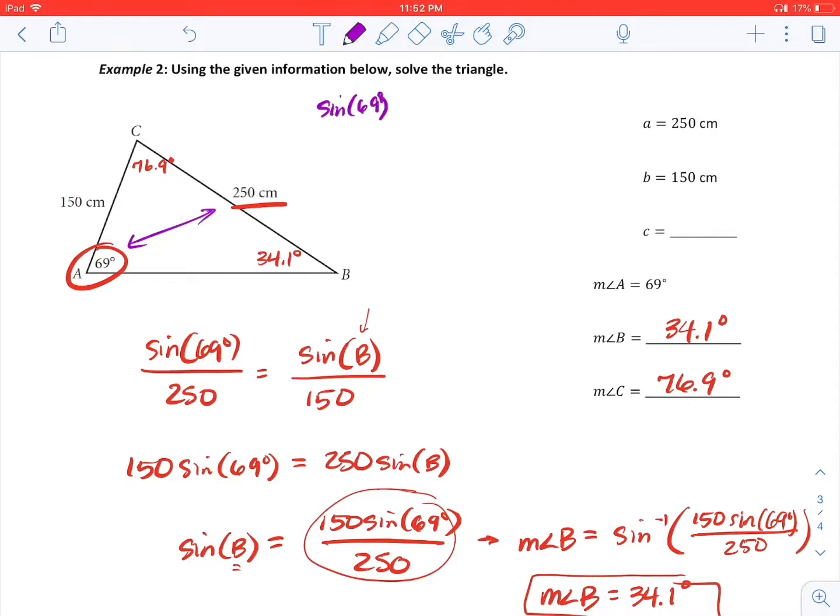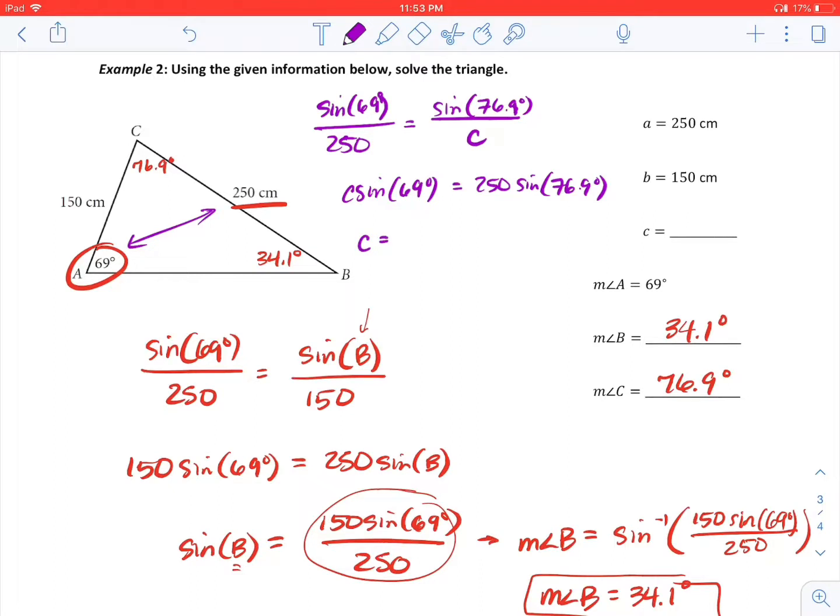I'm going to stick with the one that we've established from the get-go: the sine of 69 degrees divided by 250 is equal to the sine of 76.9 degrees divided by its opposite side length C. Cross multiplying, I get that C sine of 69 is equal to 250 sine of 76.9 degrees.